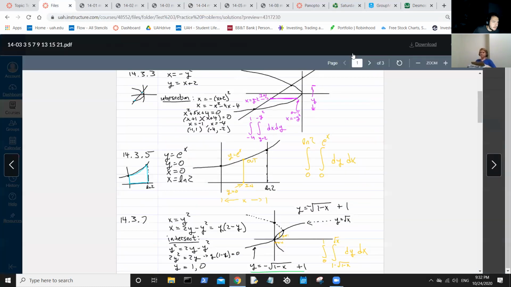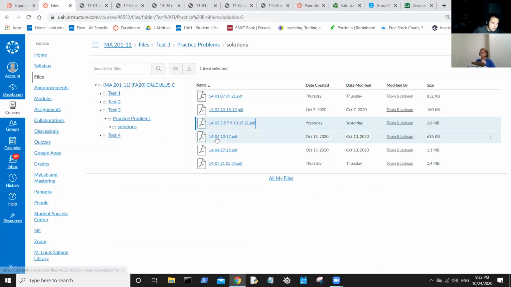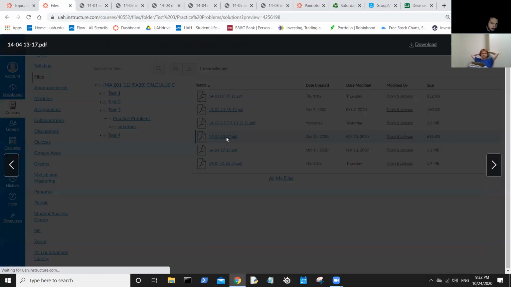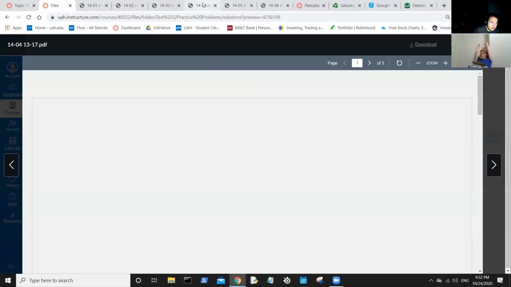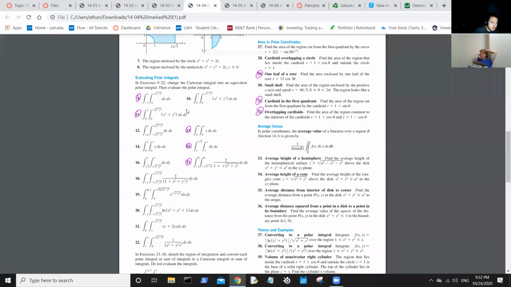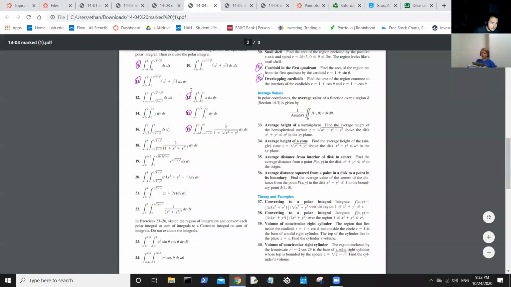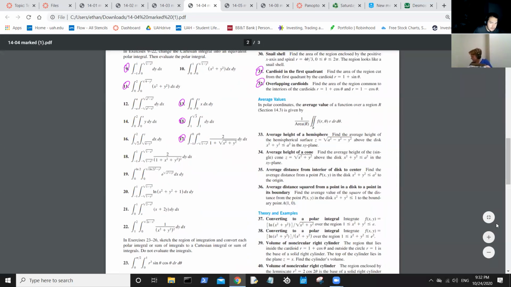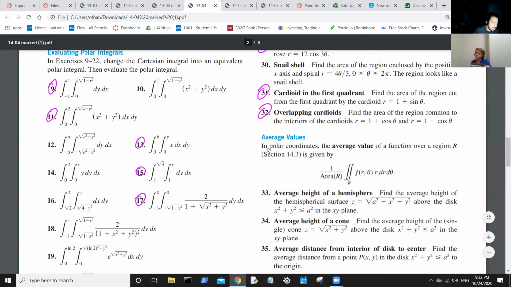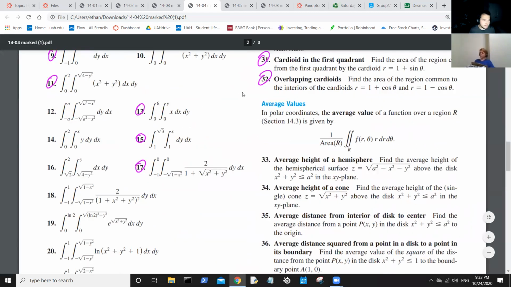All right, let's see what his solutions are, what numbers we're looking for. He has examples 13 through 17 for polar. So I'm hot trash at polar. I'm there with you. So it looks like it's just these. Okay, I'm going to zoom in on these. If we're both trash, we might just want to look at it and try to understand the solution after we try it for a second.